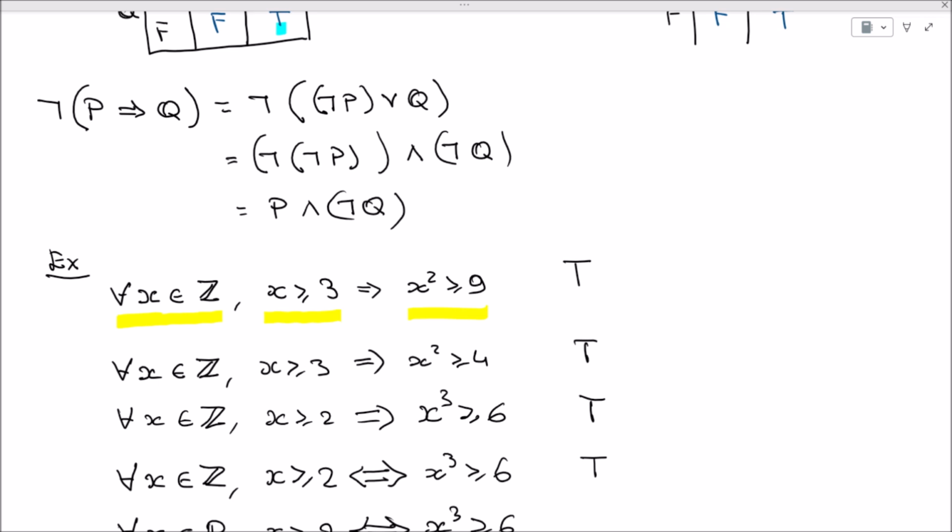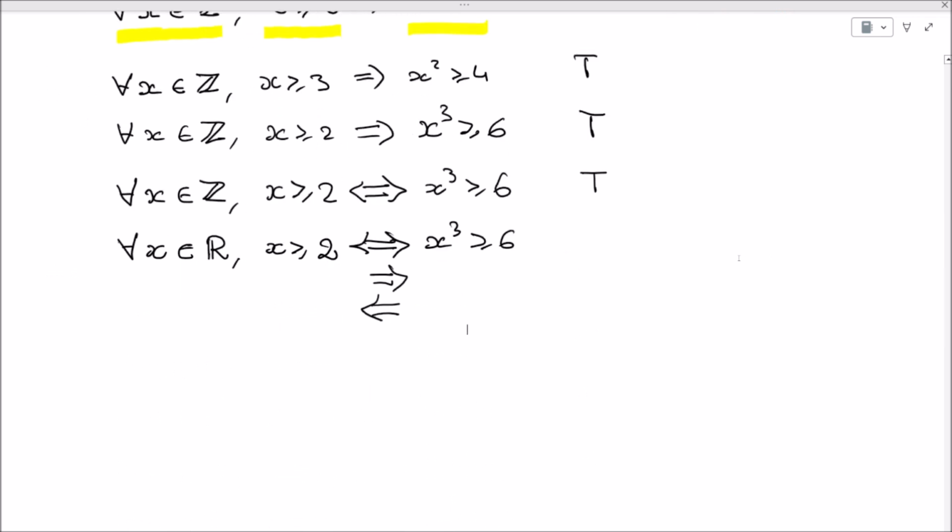But the other arrow, clearly this is a false implication. Why? Because we can provide an example of a number that has x to the cube larger than or equal to 6, but it will be to the left of 2.